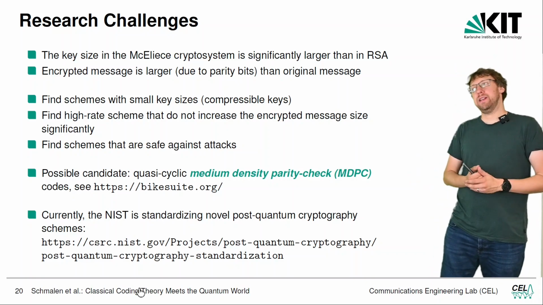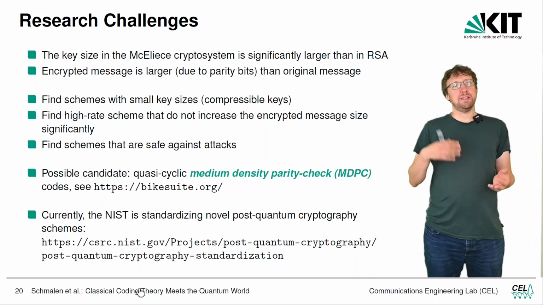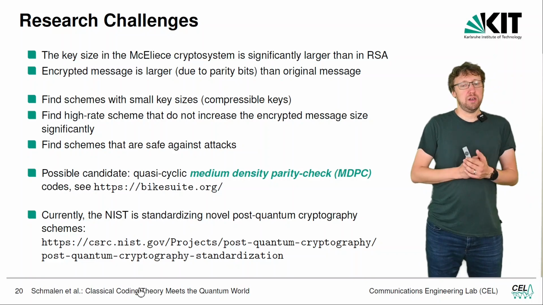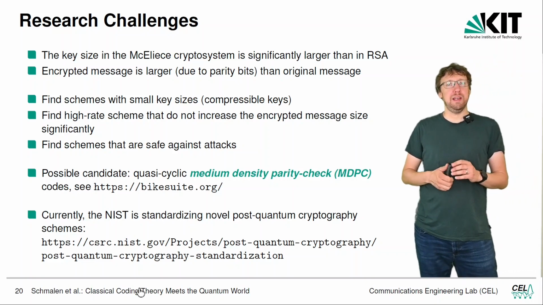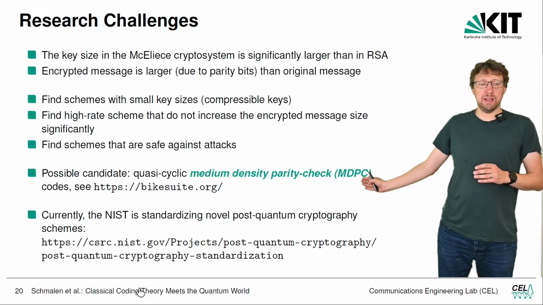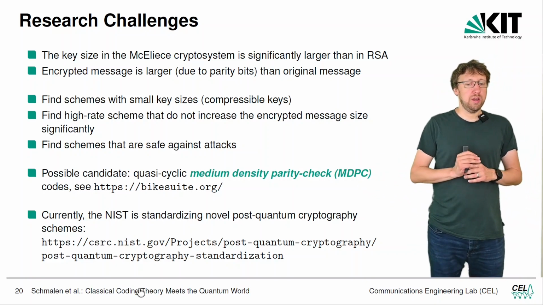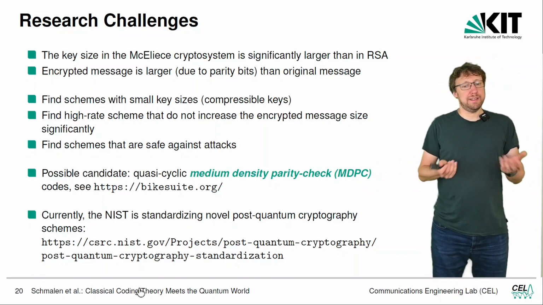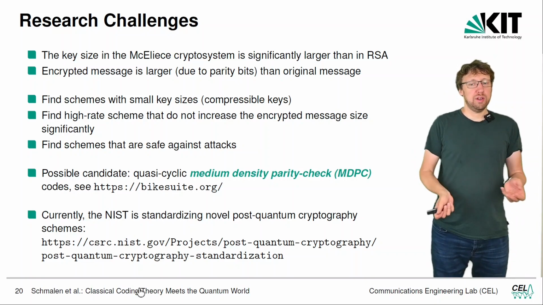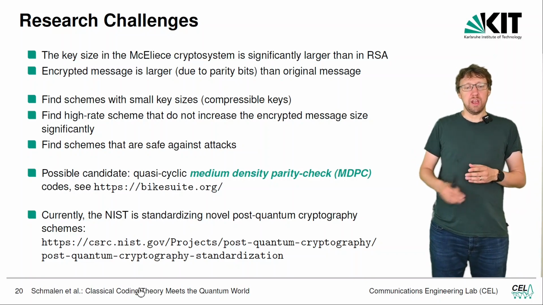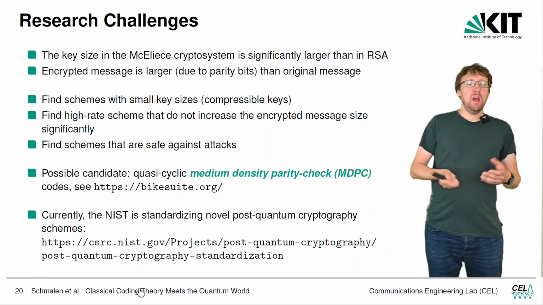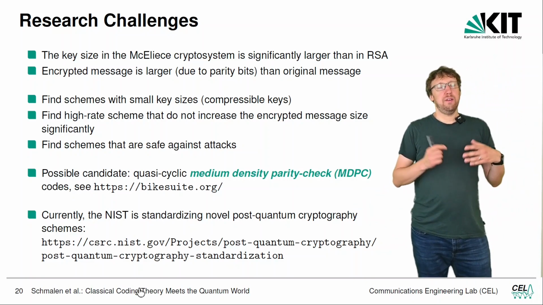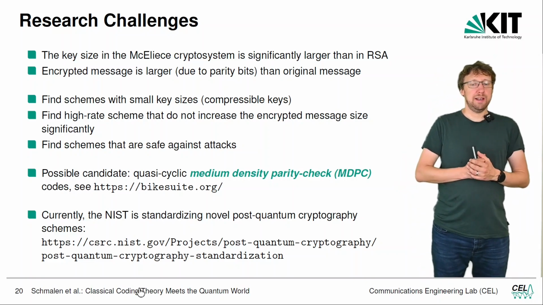Possible candidates are the McEliece scheme based on Goppa codes. Other candidates are the BIKE scheme based on moderate density parity check codes. You can see some information on bikesuite.org. And currently, NIST is standardizing post-quantum cryptography schemes. You can see the link here, which I also put in the description, and there you can find more details about this standardization.